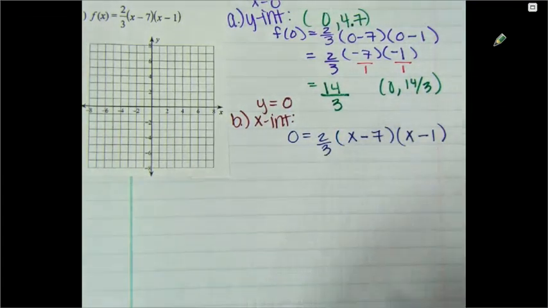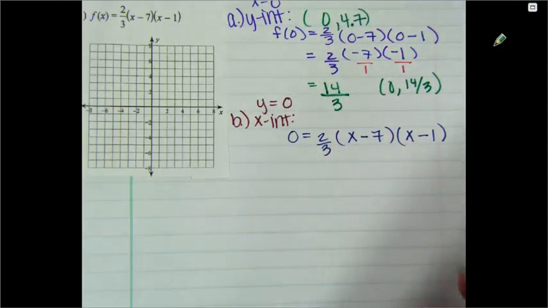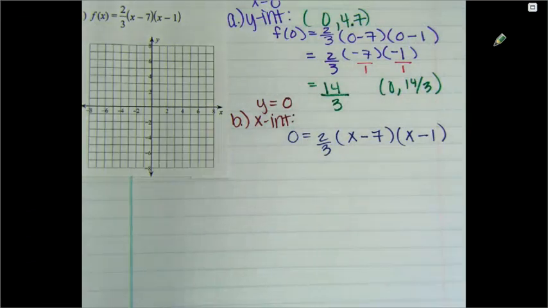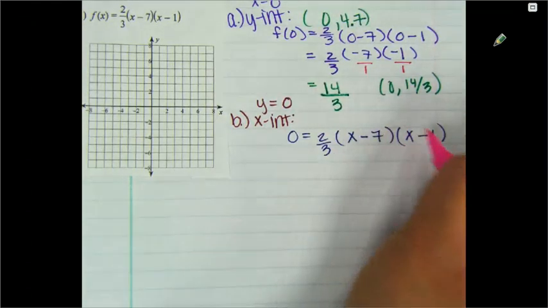In order to solve this, what do I need to move first? The 2/3. How do you get rid of 2/3? I don't want to multiply it this way because that just makes it harder.